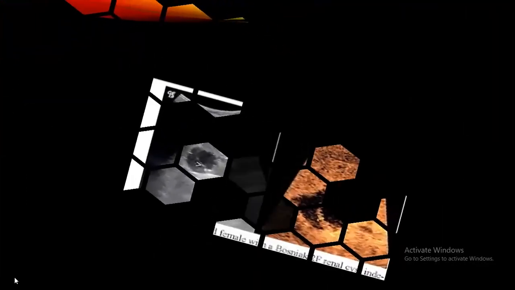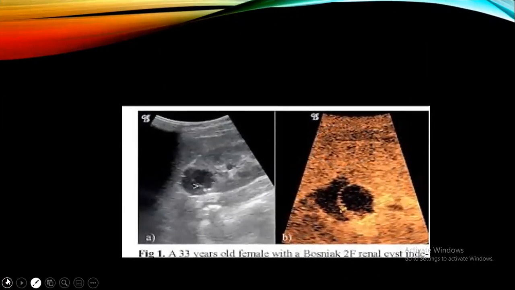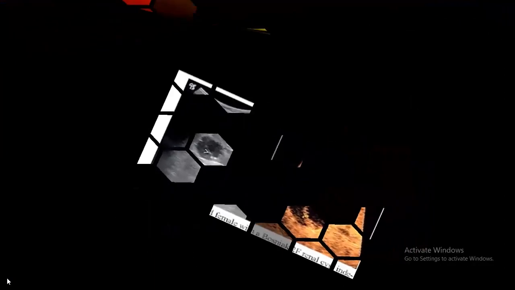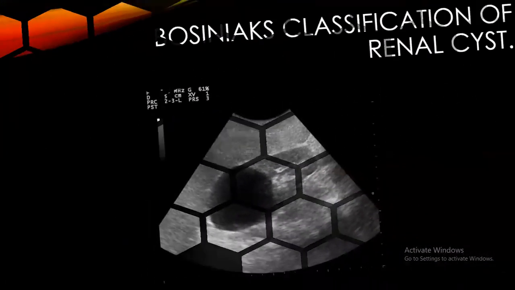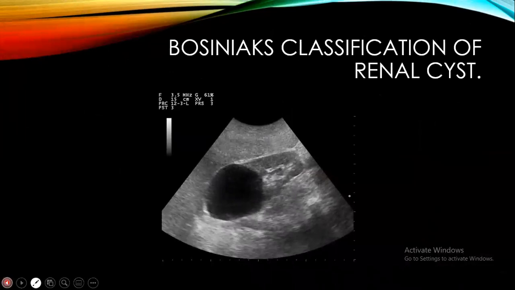So before proceeding to Bosniak classification, we have to know that those cysts, all of them, are benign cysts and non-malignant cysts. But a scientist or a doctor called Bosniak said no, not every simple renal cyst is a benign cyst, and we should not reassure the patient all the time.